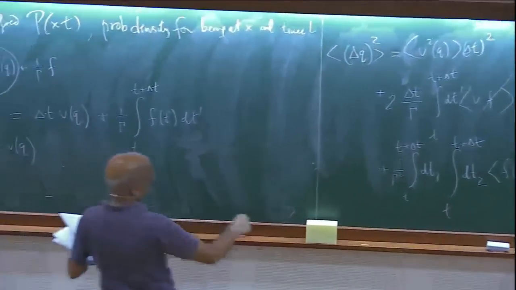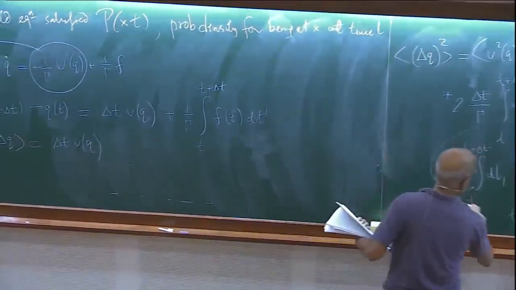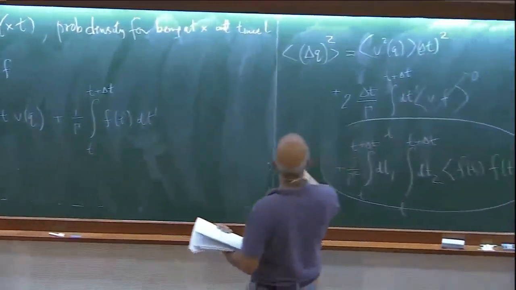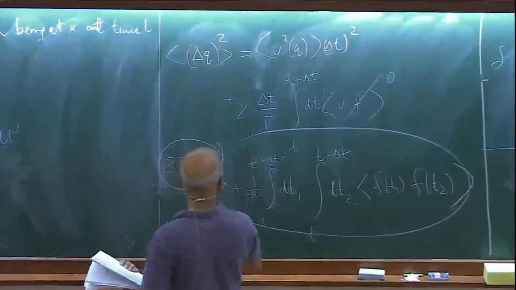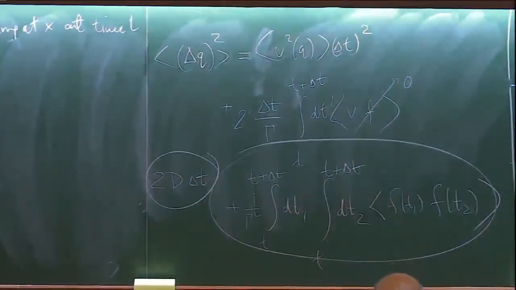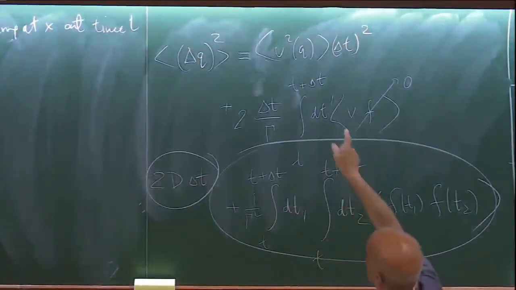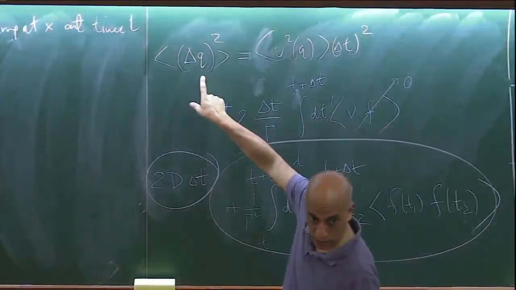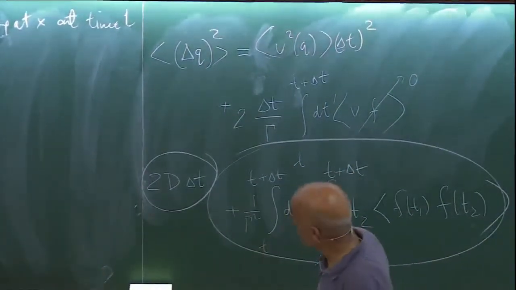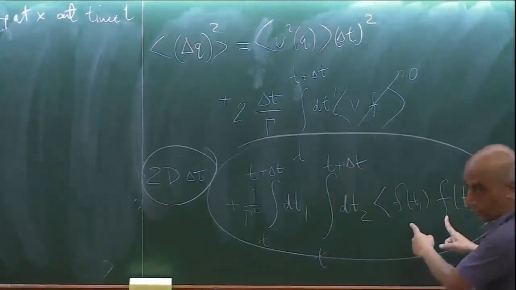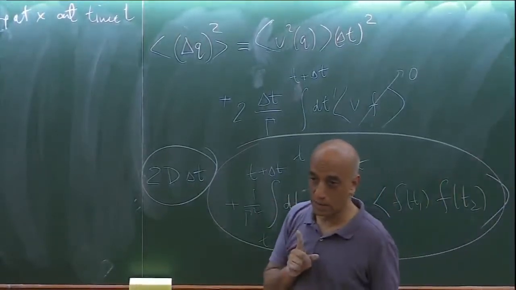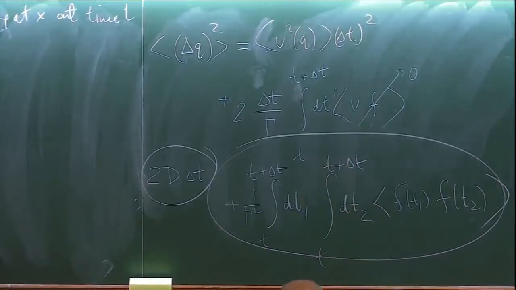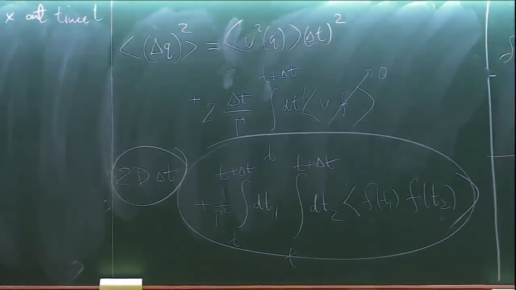So this term ends up being 2D delta t. Which, of course, you kind of knew, because if I take away the force, that's what q does. But the important thing is that you go apparently to second order to get an effect that's of order delta t. So this needs to be kept in mind. And this is a good place to stop.